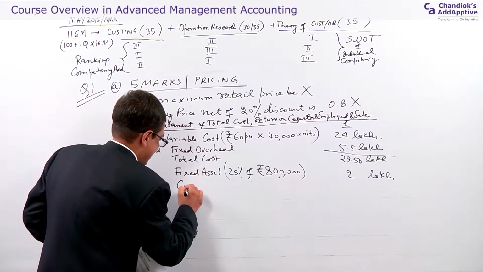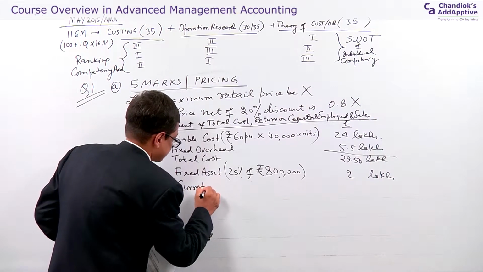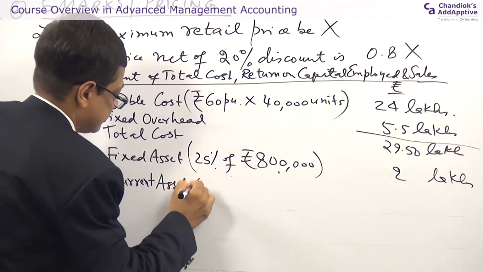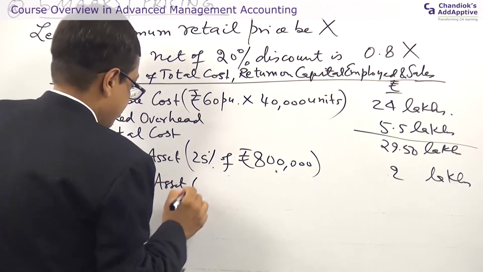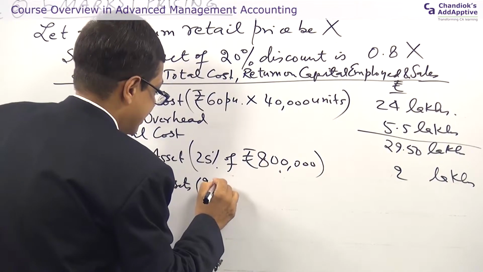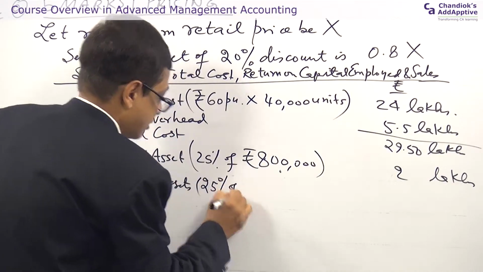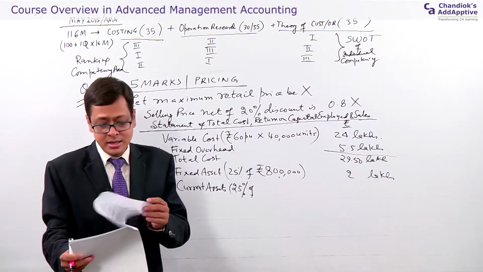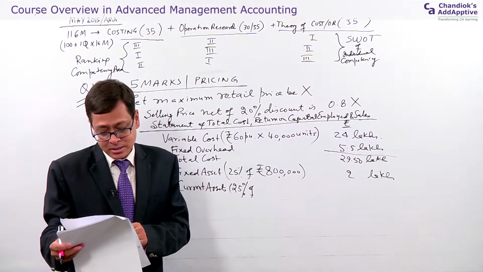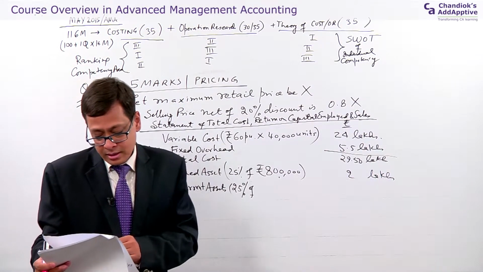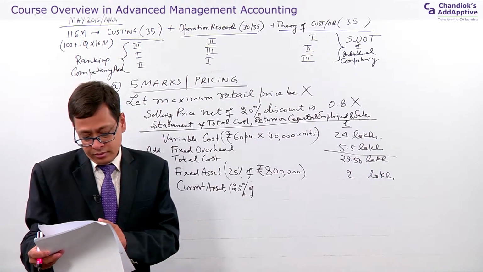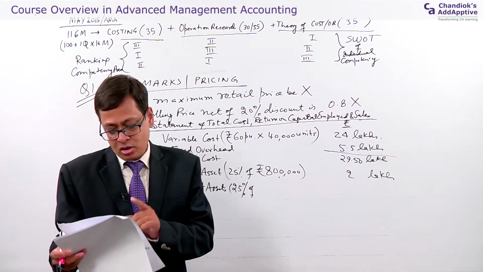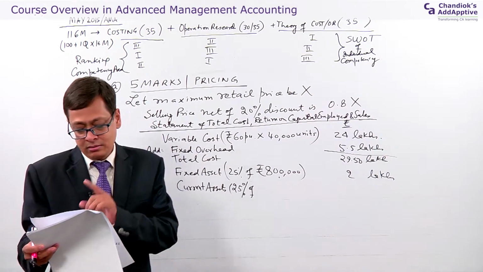Then current asset is the most crucial line. 25% of what? You read the question again. It says it will be 25% before tax on capital employed in current asset.